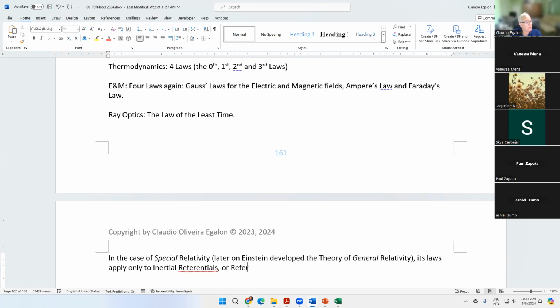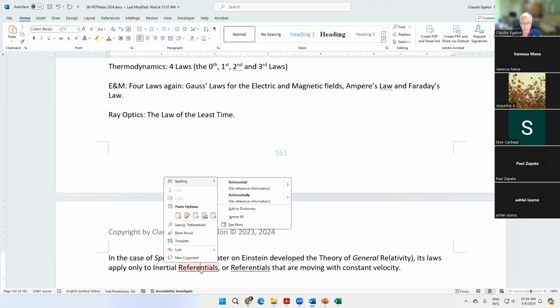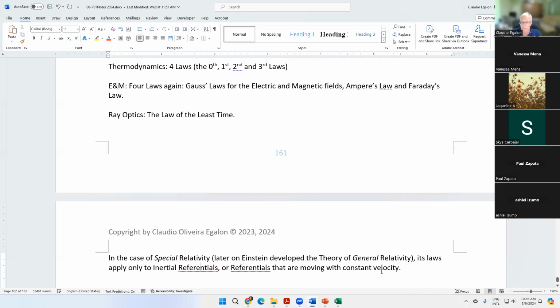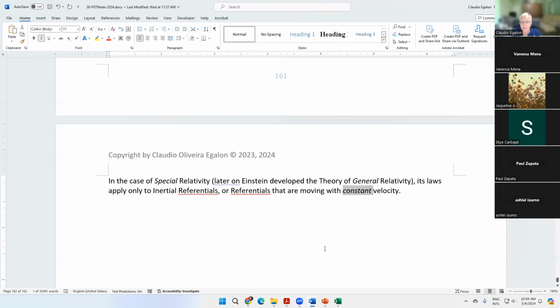Referentials that are moving with constant velocity. Inertial referentials. See here, constant velocity. Now, do you see the difference? I'm going to put a little table here, not exactly a table, but special relativity versus general relativity.